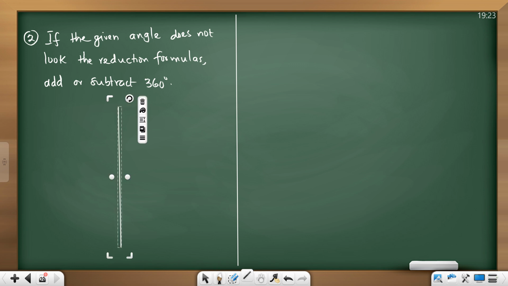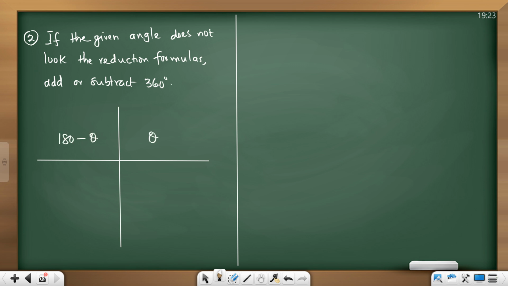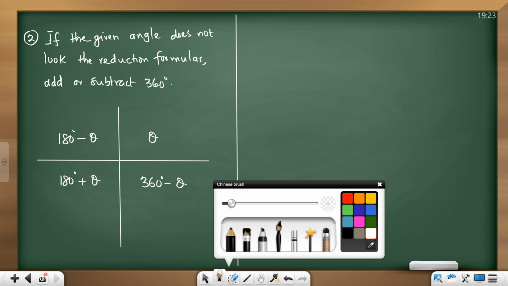And what are my reduction formulas? Theta, 180 minus theta, 180 plus theta, 360 minus theta. And I will be practicing both now.